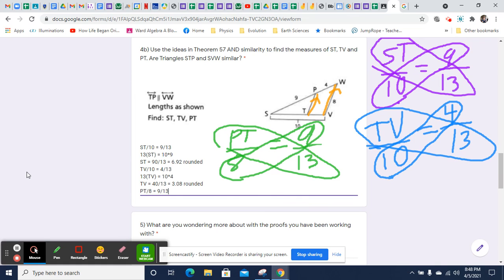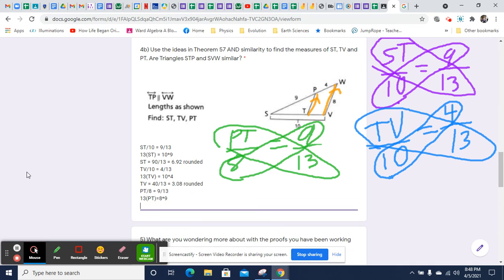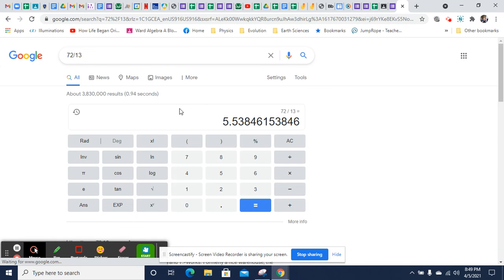And that means that 13 times PT equals 8 times 9, and then we can sort that out as PT is going to equal 72 over 13, and we'll figure out what 72 over 13 is here. So 72 over 13 is going to give us 5.54 rounded.